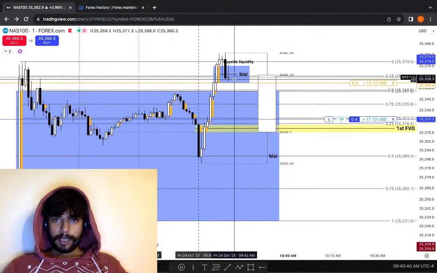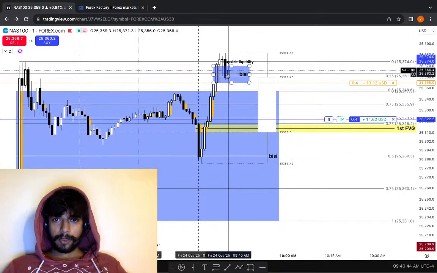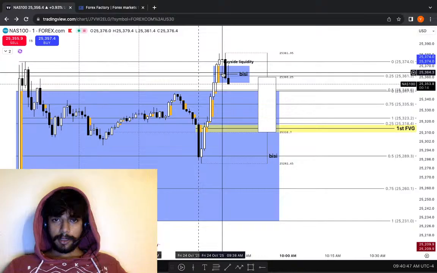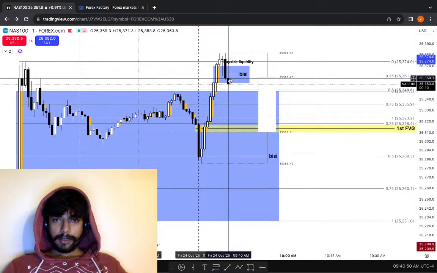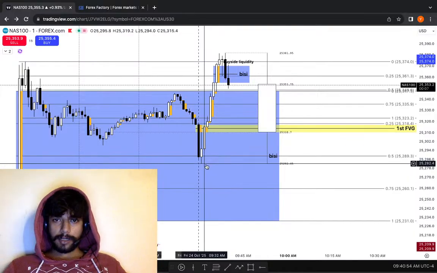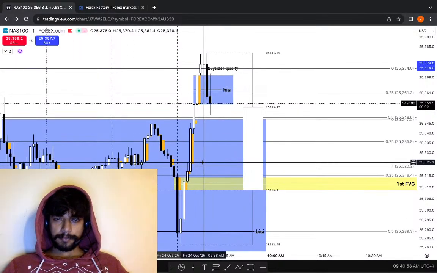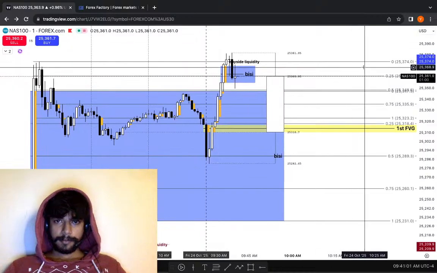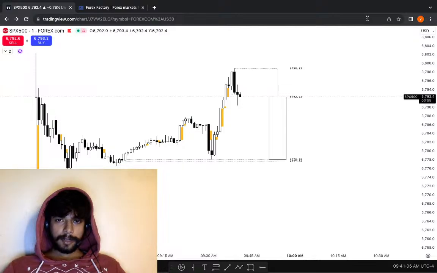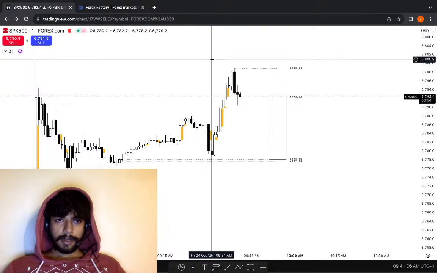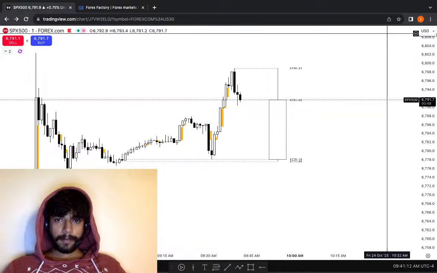But it looks like this gap, buy side imbalance, sell side inefficiency, if it doesn't hold within the next 2-3 candles, then yeah, just look at that. This is what I was expecting. Now they are going to take out this sell side right here. It looks like it. Let's see. Because S&P couldn't find strength to break out above this high right there.